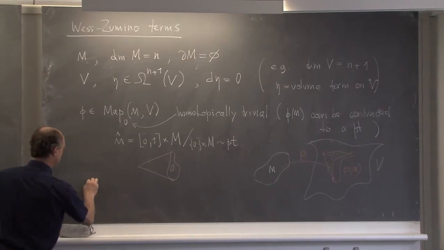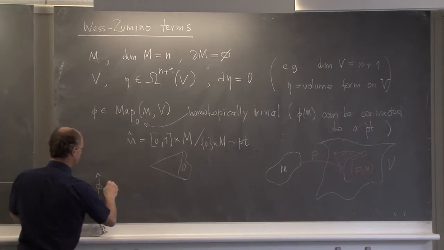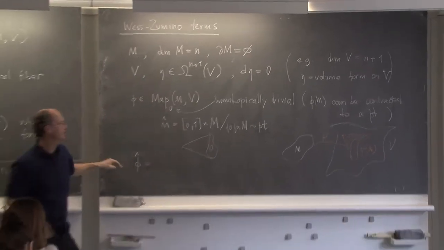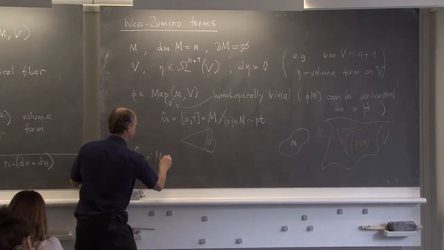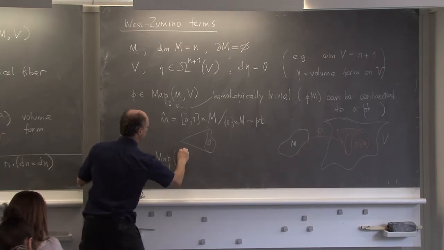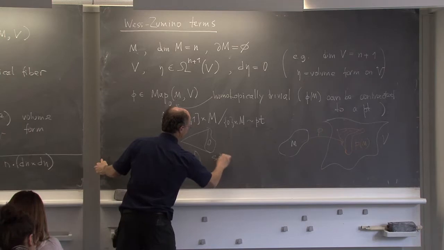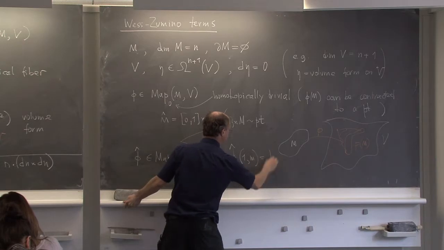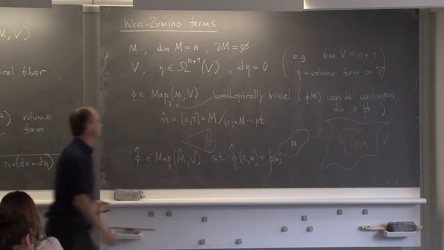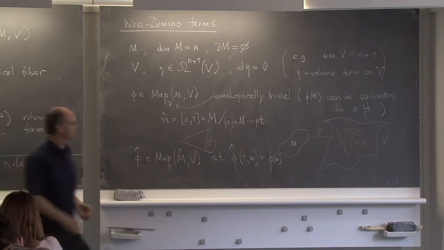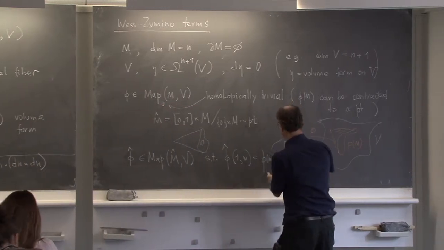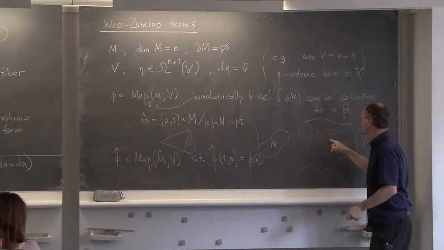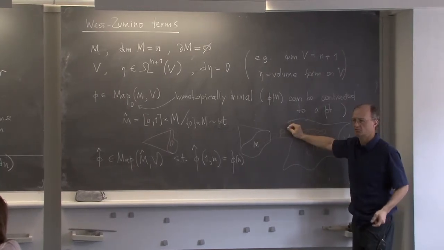And we say that you can lift the map phi to phi hat from M hat to V such that phi hat restricted to 1 times M is equal to phi of M. Right? So that's exactly what this picture means. So here is this cone, and the map phi hat maps it to the contraction of M to a point.